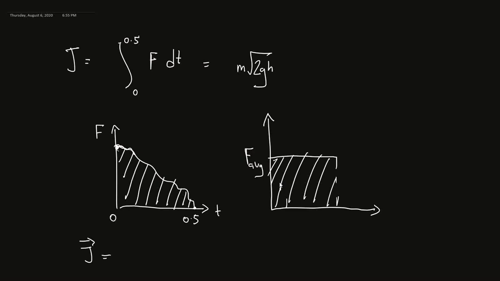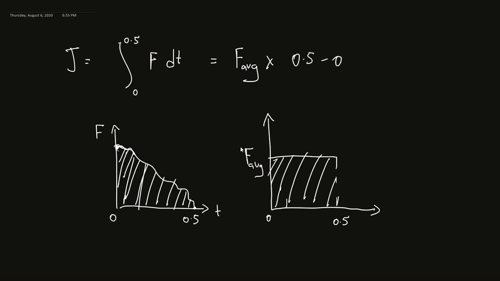But anyway, let's say J equal to the integration from 0 to 0.5 of F dt. But let's say the result of that, which is this area here, right, is precisely equal to the area of some F average times 0.5.